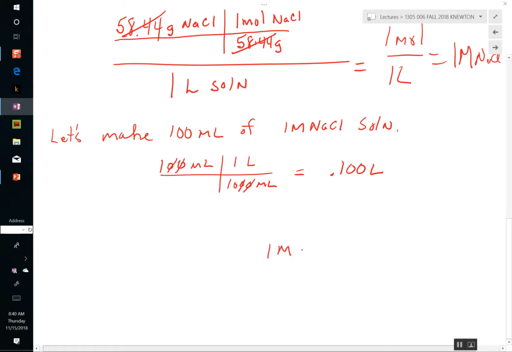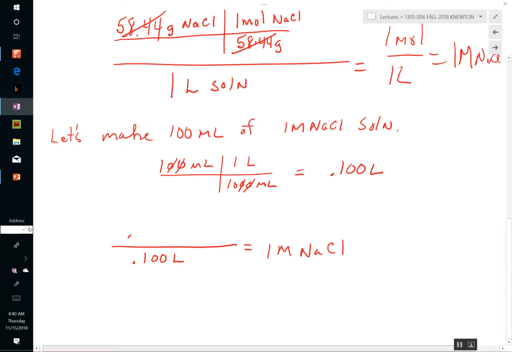I'm making 1 molar sodium chloride. I only want to make 1/10 of a liter. So how many moles of sodium chloride would I put in 1/10 of a liter to make a 1 molar? 1/10 of a mole.